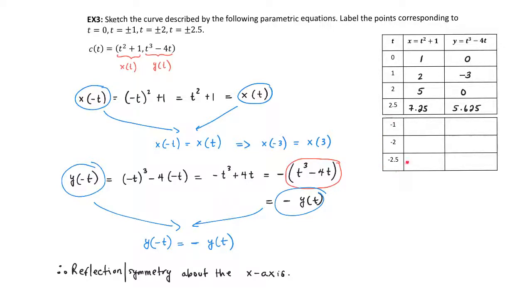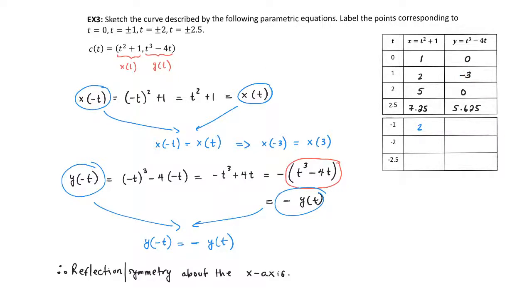For the negatives, I will take advantage of symmetry. I can go ahead and plug in negative 1 here, negative 1 and negative 1, and I can get my values, but I want you to start thinking a little bit more maturely when it comes to sketching graphs. You already know that this graph is symmetric about the x-axis, so use that to move a little bit faster. So in that case, when t is equal to negative 1, we already know that the x value will stay the same as 2, but then the y value will be the opposite of what we had before.